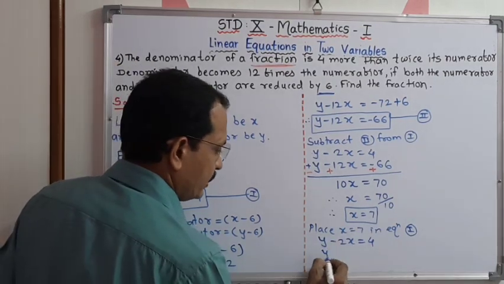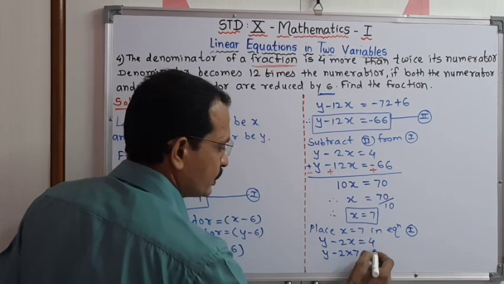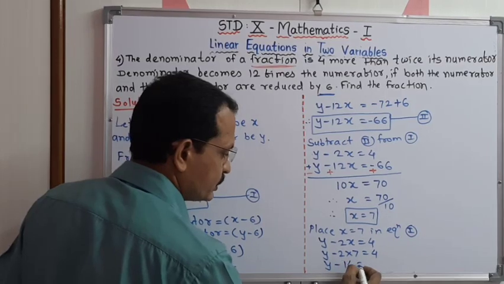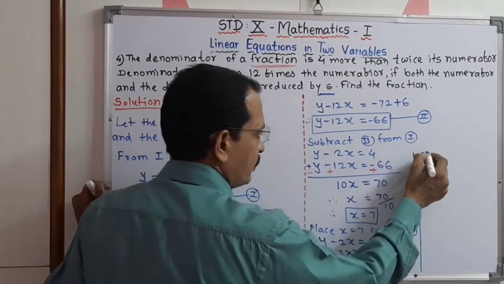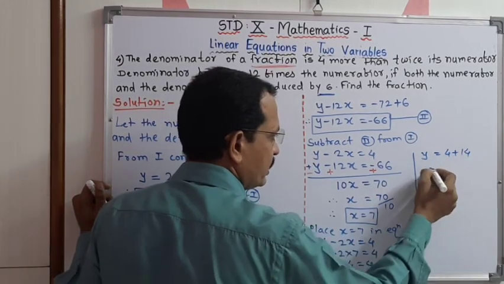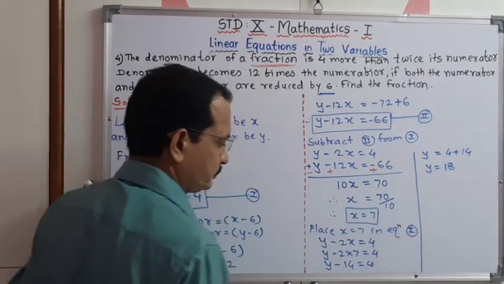Then y minus 2 into 7 is equal to 4. y minus 14 is equal to 4. We get here y is equal to 4 plus 14. y is equal to 18.